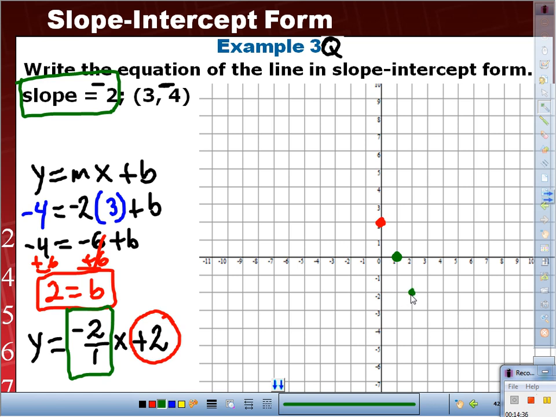Plot your point. Do it again. Plot your point. Do it again. Plot your point. Graph your line. So, and remember, the more points you have, the straighter your line.